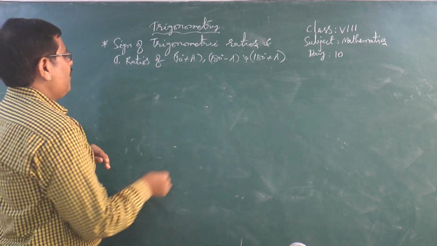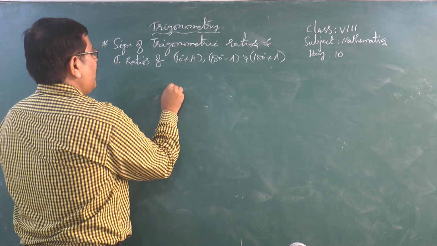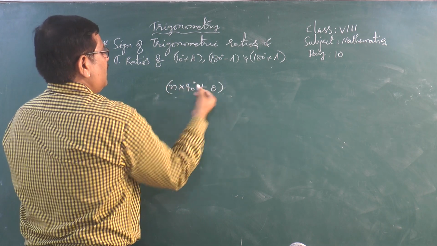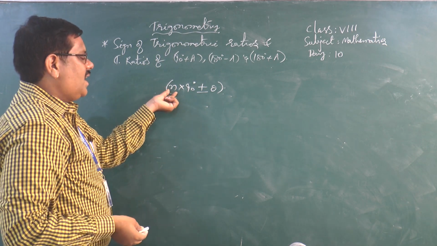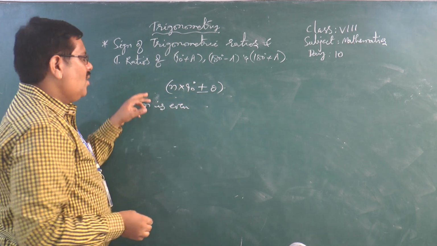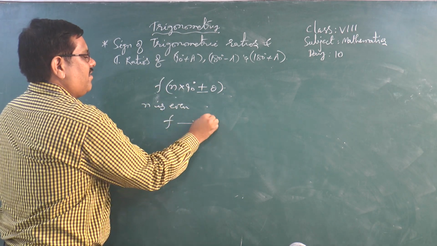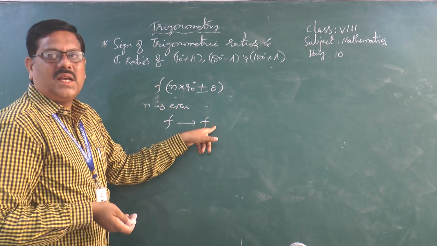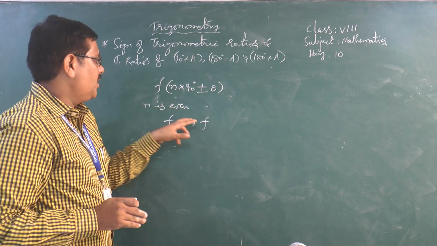If you have any trigonometric ratio, either sine or cos, of the form n into 90 degrees plus or minus theta, now if n is even, whatever trigonometric ratio you have, let us call it f, there is no change in f. If it is sine, sine remains sine. If it is cos, cos remains cos. Tan remains tan. No change in the function if n is even.